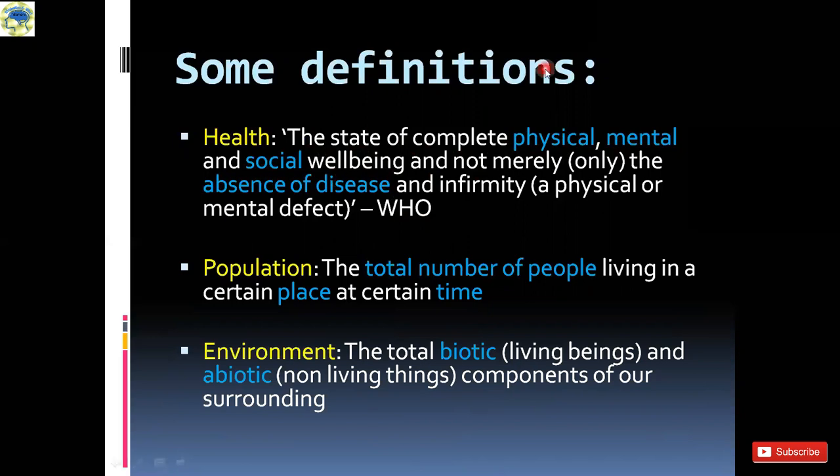These are physical aspects. And mental well-being means not having stress, not having tensions, and not having the mental disabilities, not having fear. And social well-being means not having quarrel in the society and having peace in the society. These are social well-being. So physical, mental and social well-being.